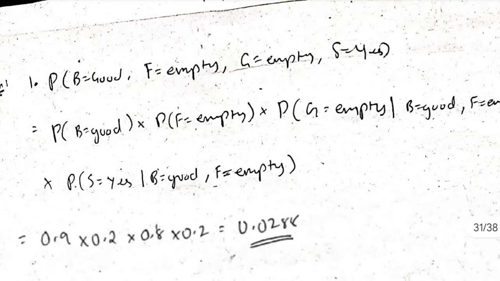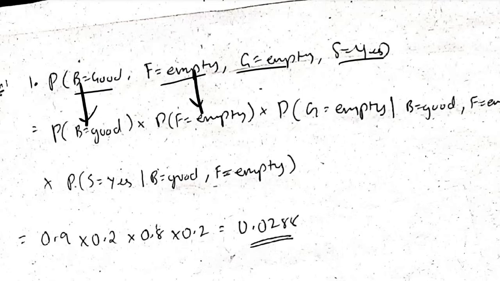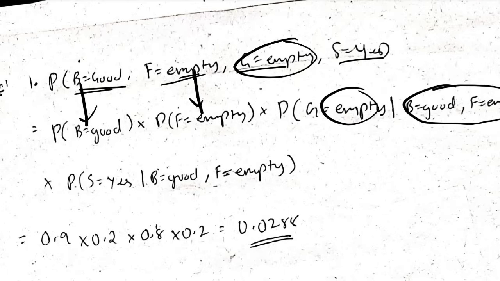The first question is the new instance b is equal to good, f is equal to empty, g is empty, and s is yes. If this is given, what we used to do is multiply this one with this one. Wherever it is dependent, we have to use that. Gauge is dependent on battery and fuel, and battery is good and fuel is empty. So I'll write gauge is empty given that battery is good and fuel is empty, multiplied by s is yes, as s is dependent upon these two, right?